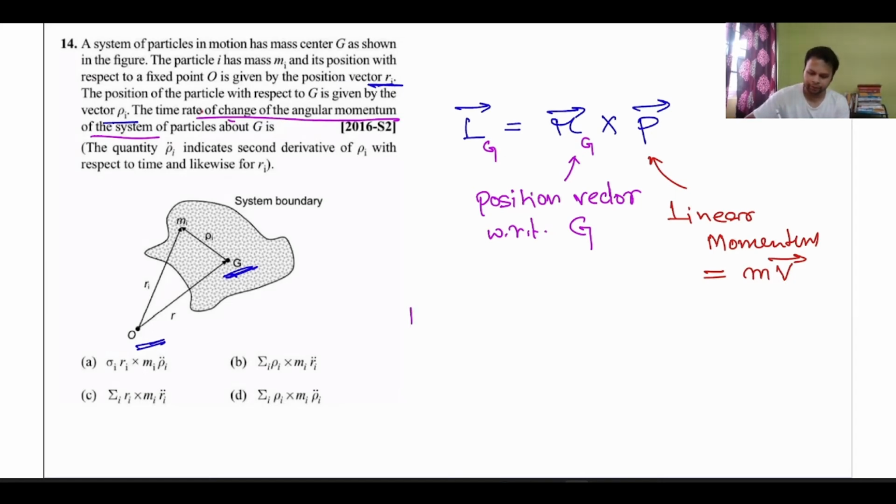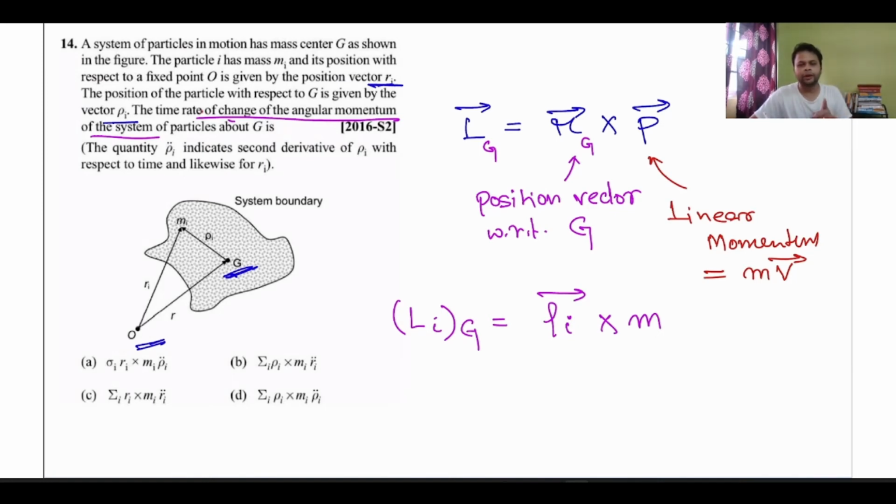The angular momentum of the ith particle about point G is given by rho i, the position vector of particle i with respect to the point about which you are finding the angular momentum, cross the linear momentum. Mass is a scalar quantity, no problem about it.